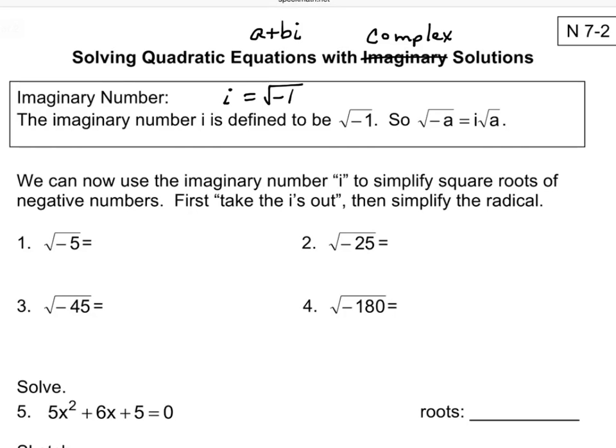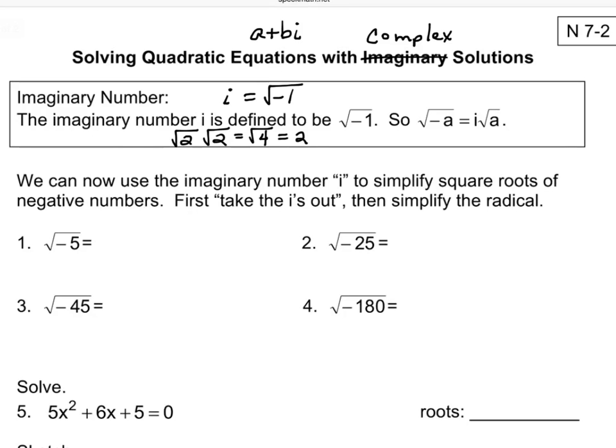The reason we have to do that is because if you put the square root of -1 in your calculator, you're going to get an error message. You can't actually take the square root of a negative number. But if you had that number squared, in other words, if I have the square root of 2 times the square root of 2, that would be equal to the square root of 4, which happens to be 2.